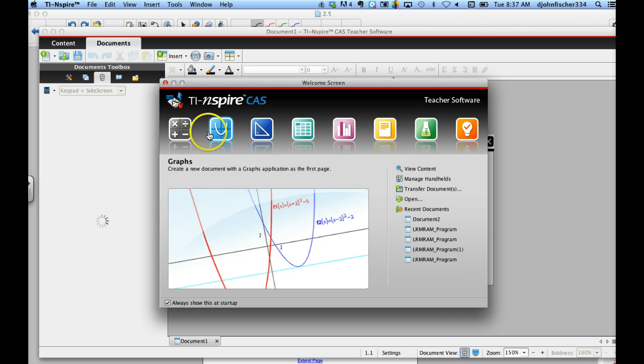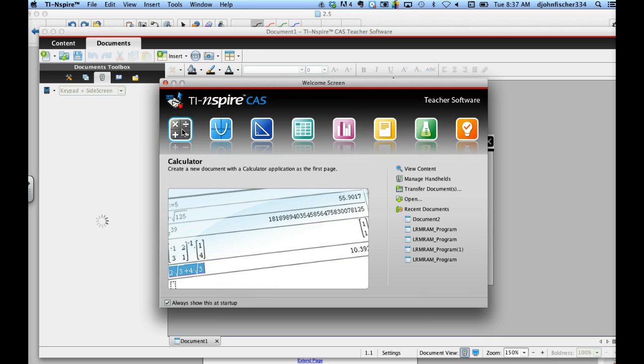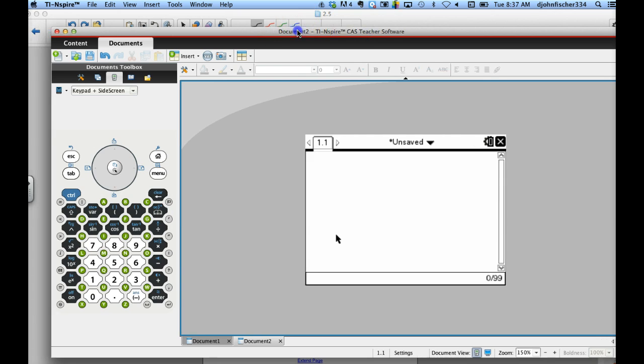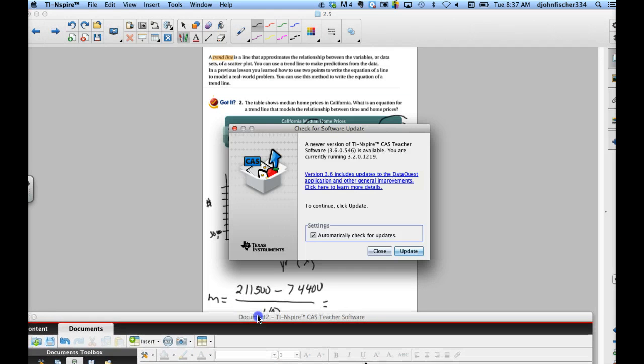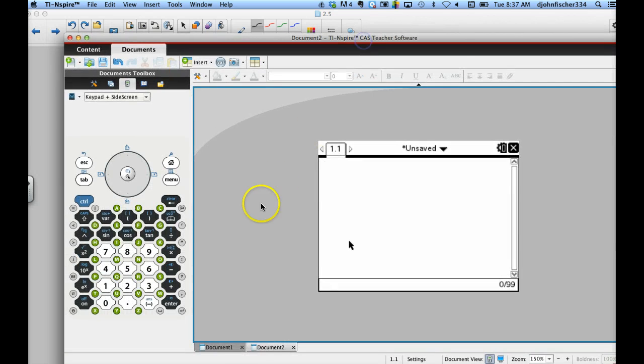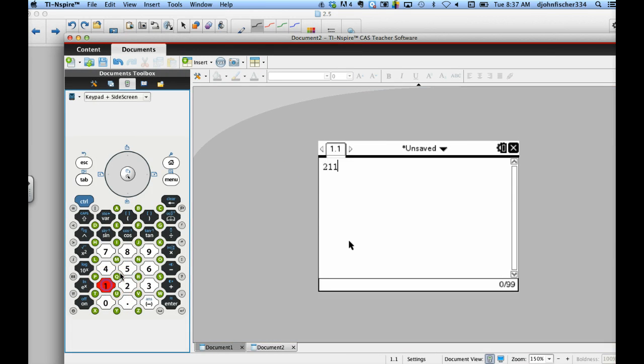Okay, I'm just going to do a little math first. 211,500 minus 74,400, enter, divided by 40, enter.